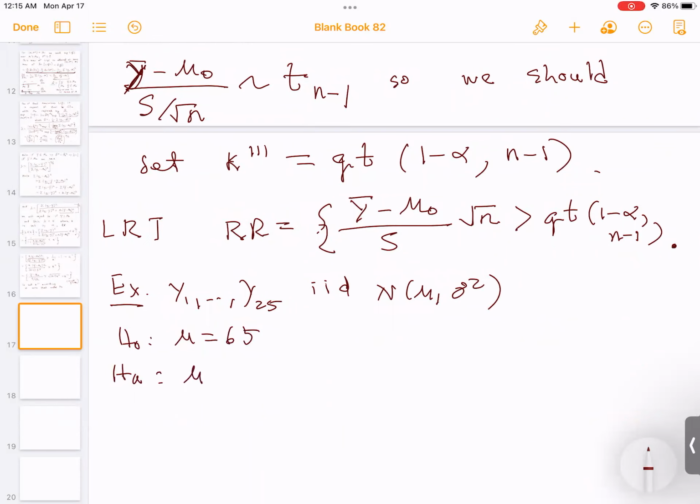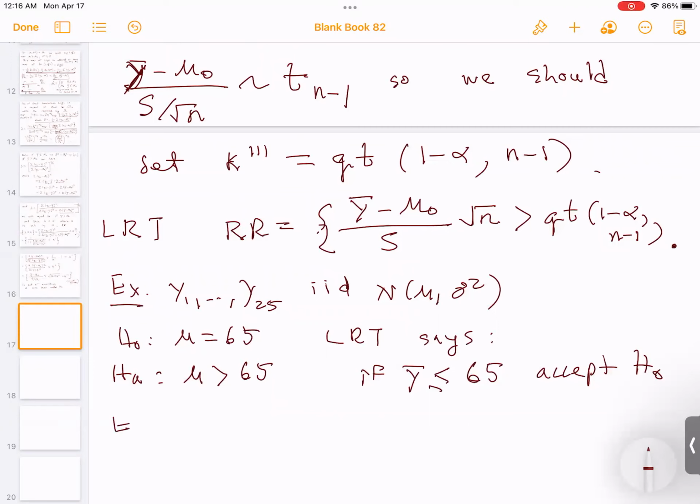I was thinking of these as test scores. And our LRT says reject, right? If Y bar is less than 65 or less than or equal to, we accept, we don't reject, accept H0.